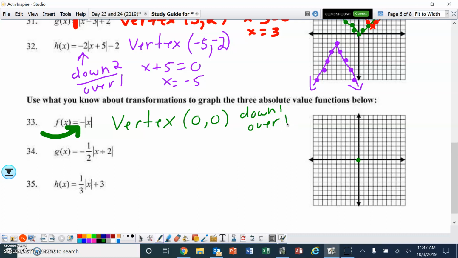All right, so again, I'll do the best I can. Down 1 over 1. And in the other direction. Draw the line.